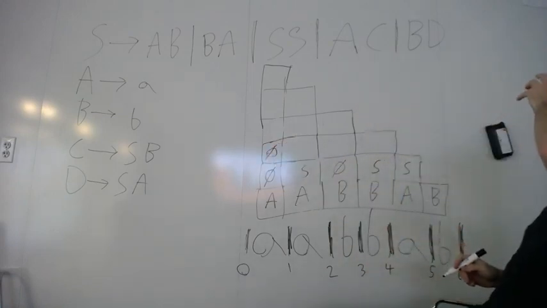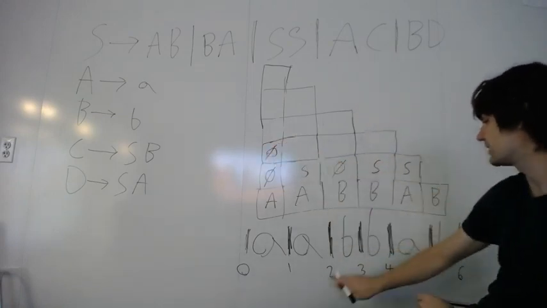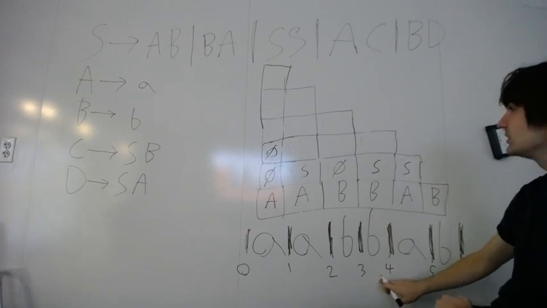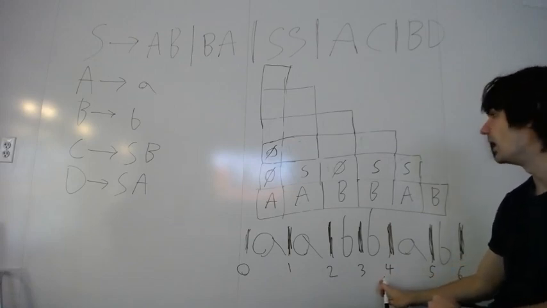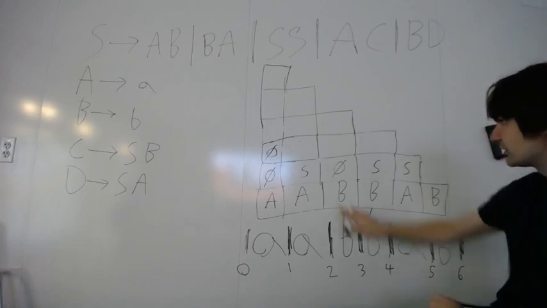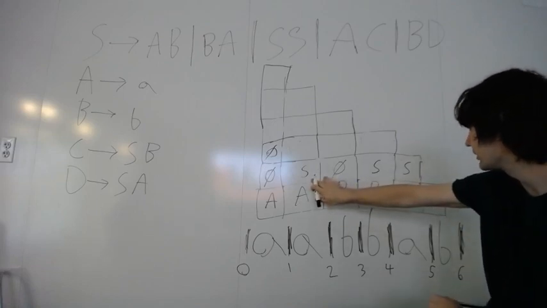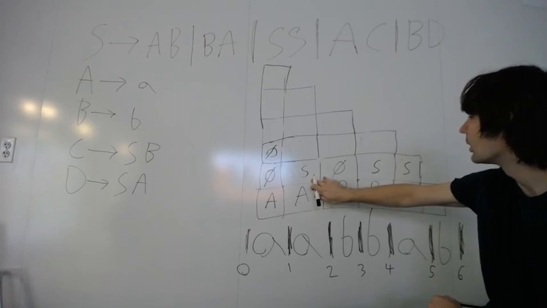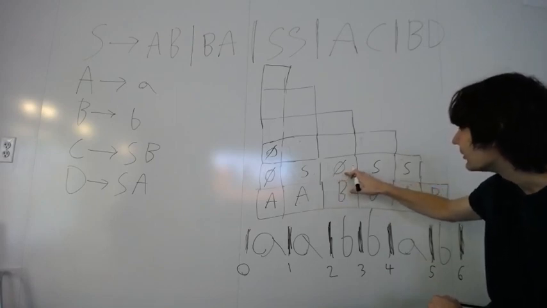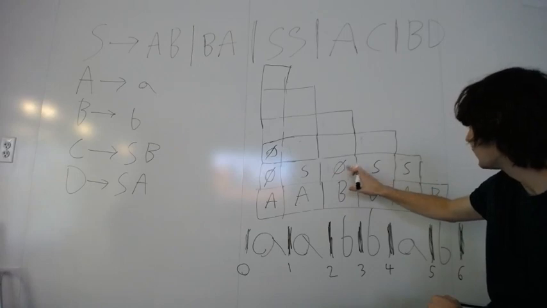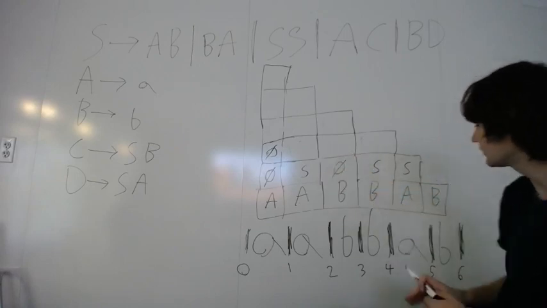Okay, this is now checking this substring, ABB, and asking, can you generate this substring in your language? The only way you could generate this substring, though, is from this pair or this pair, or is it this pair, I guess?